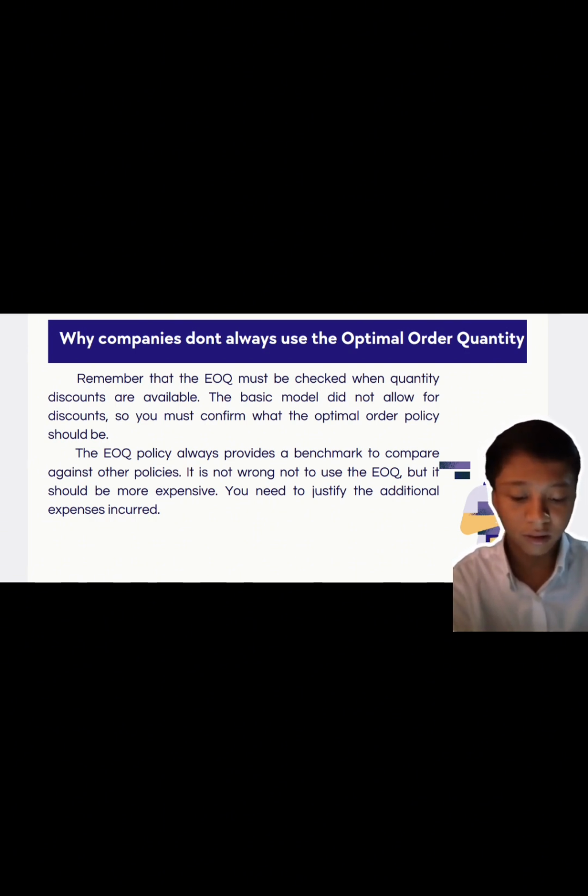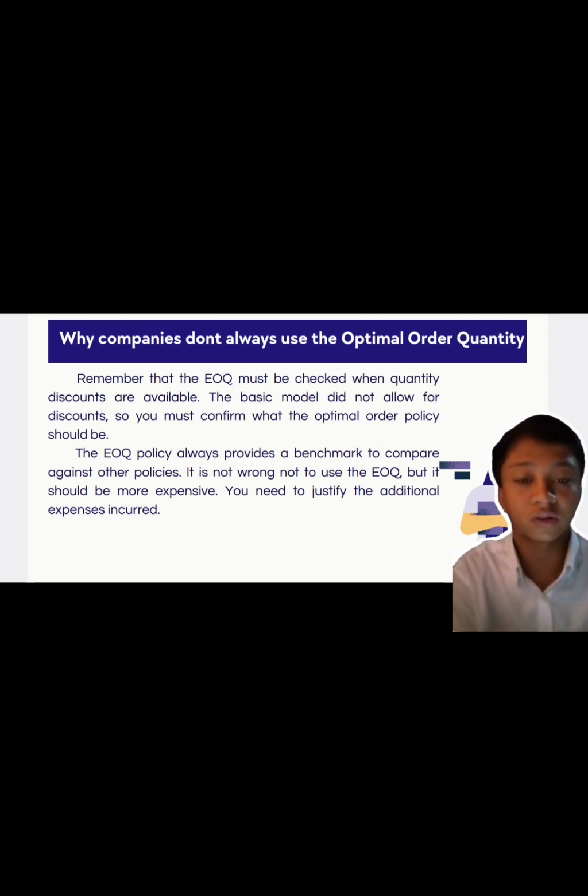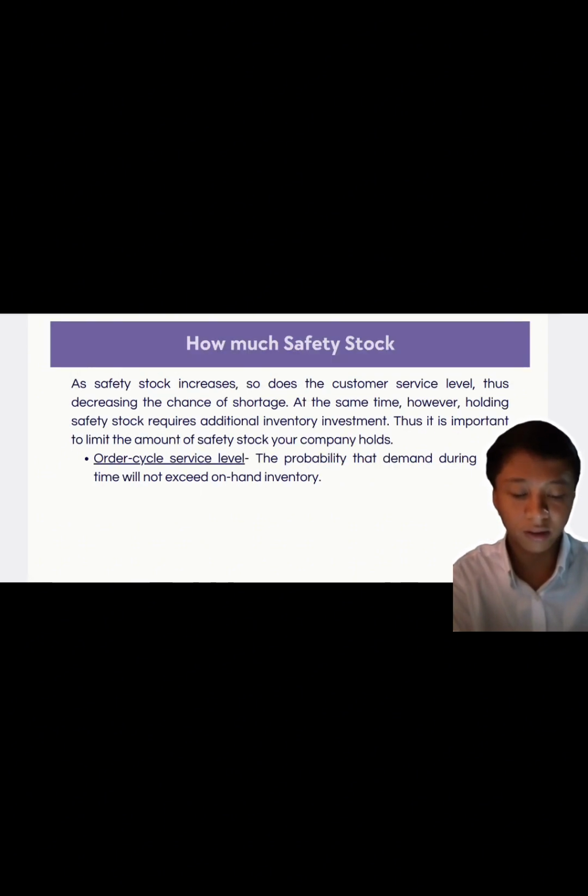The EOQ policy always provides a benchmark to compare against other policies. It is not wrong not to use the EOQ, but it should be more expensive. You need to justify the additional expenses incurred.